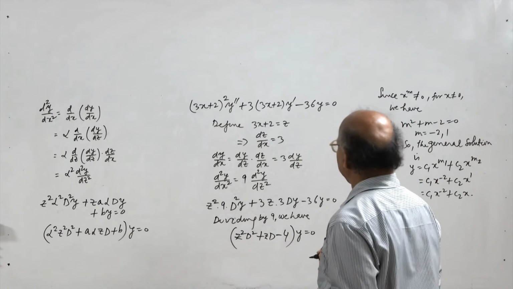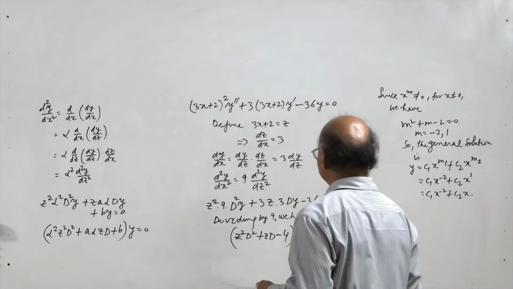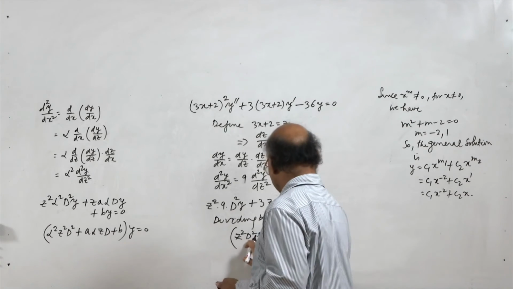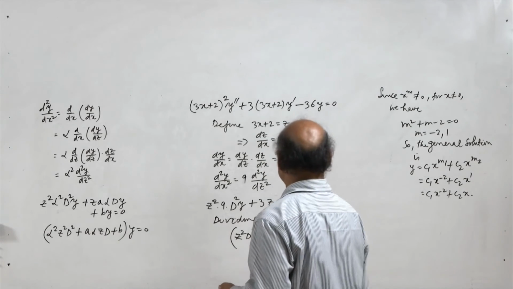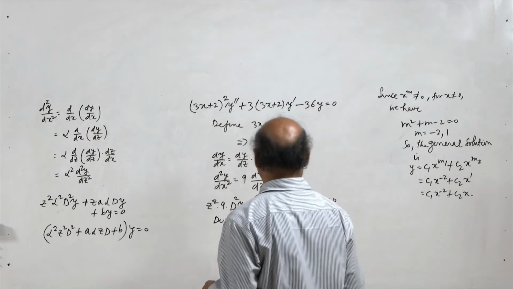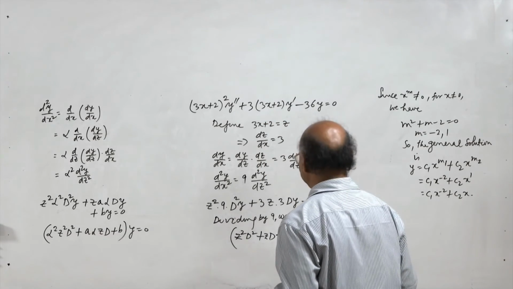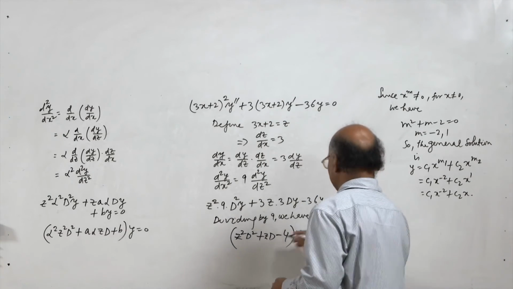Now, this is a Cauchy Euler equation with the coefficients here 1 and here we have minus 4.